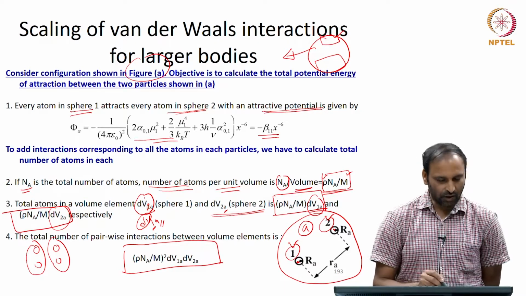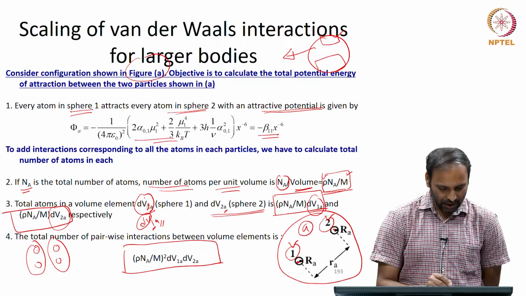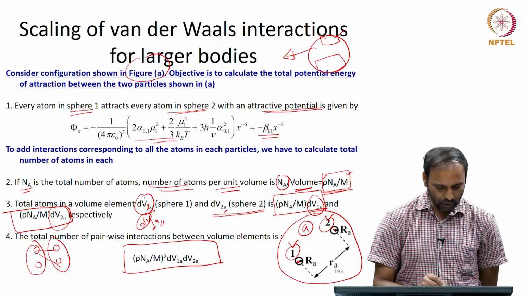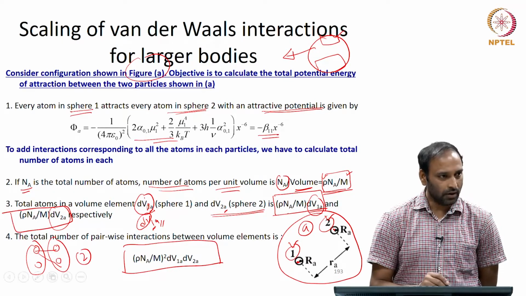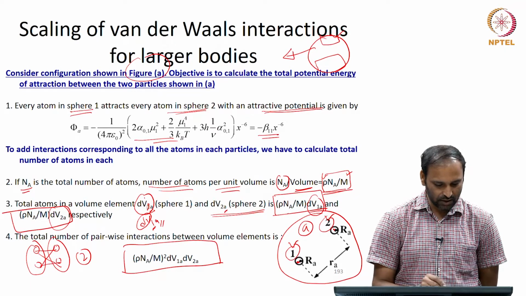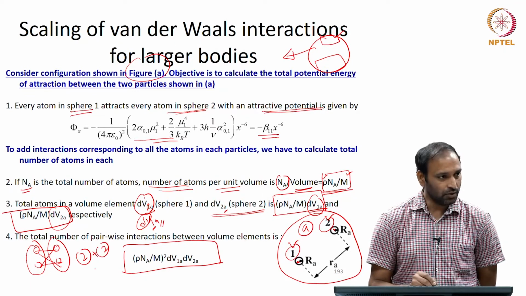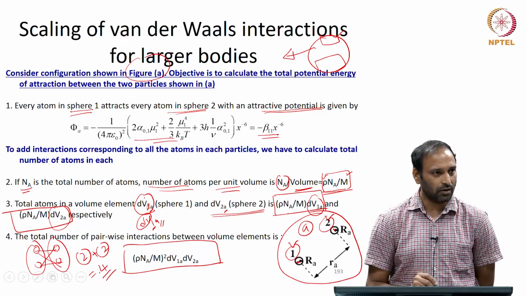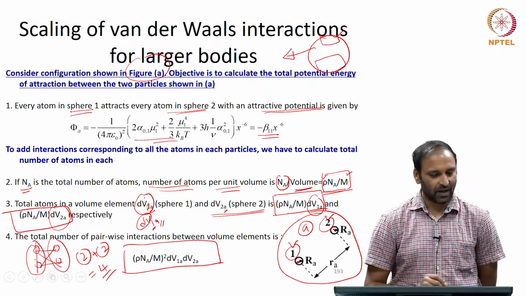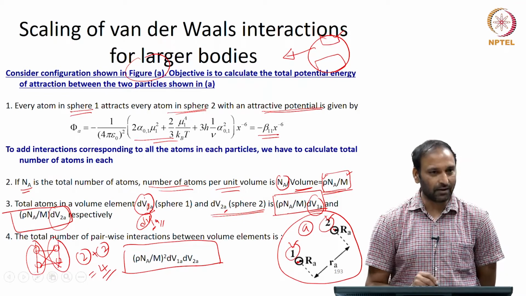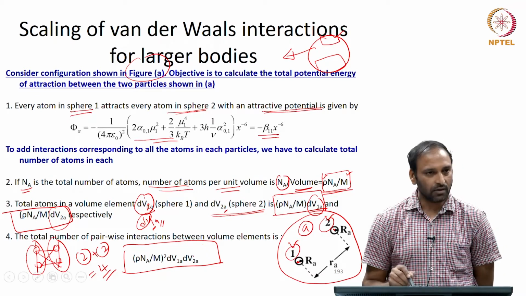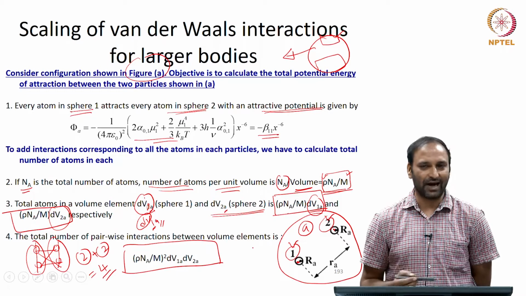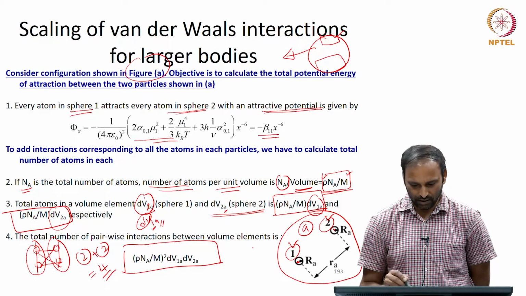The interaction of this with this and this with this makes 2, and the interaction of this with this and this with this makes another 2. Therefore, the total number of pairwise interactions is 4. So the number of atoms in this multiplied by the number of atoms in this gives you the total number of pairwise interactions that you should consider.